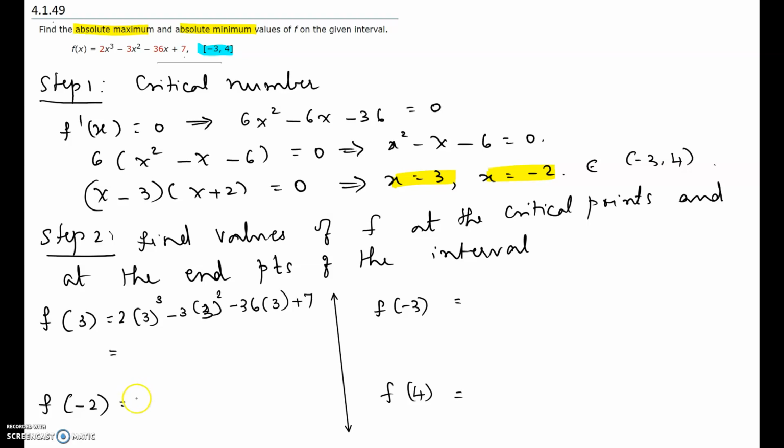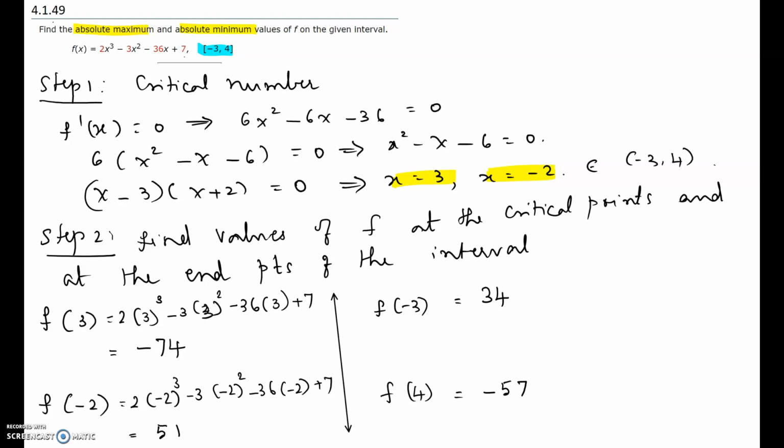Same way we have to compute at negative 2: 2 times negative 2 cubed minus 3 times negative 2 squared minus 36 times negative 2 plus 7. Same way we have to find f at negative 3 and f at 4. So we get these values. f at 3 is negative 74, f at negative 2 is 51, f at negative 3 is 34, f at 4 is negative 57.